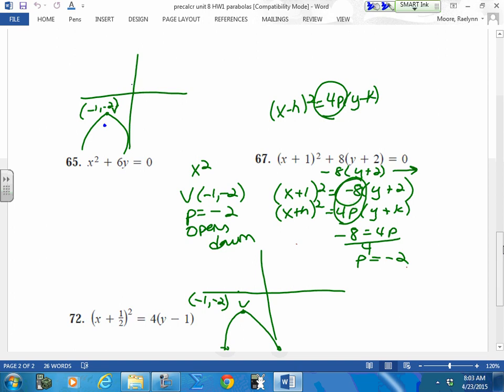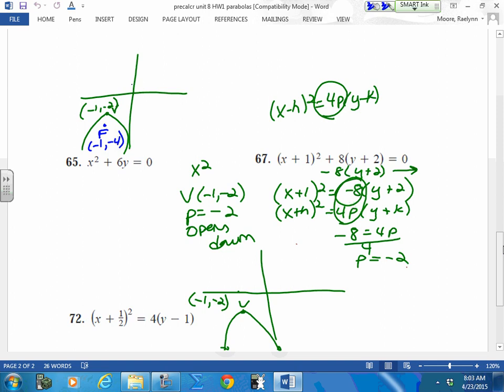So your focus is P units down. So P is -2. So if I'm moving up and down, which one's going to change, the X or the Y? The Y. So what will my focus be if I'm moving 2 units down? -1, -4.